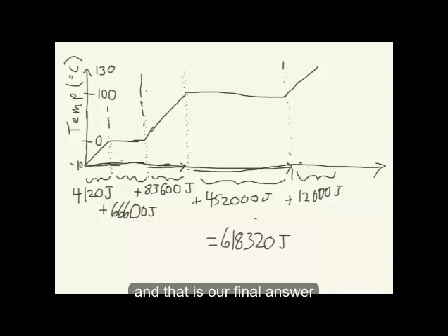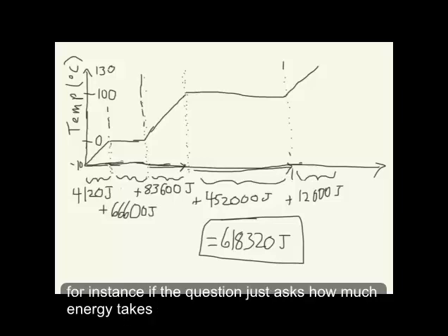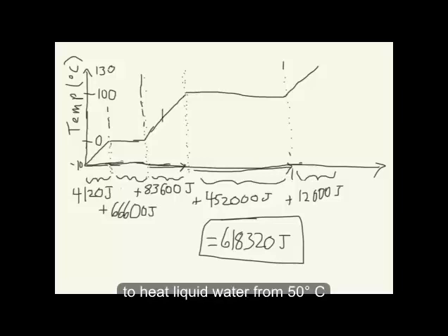And that is our final answer. I would like to point out that you can use these skills to do a wide variety of problems. For instance, if a question just asks how much energy it takes to heat liquid water from 50 degrees Celsius and then melt it all, you only have to do 2 steps of this big process.